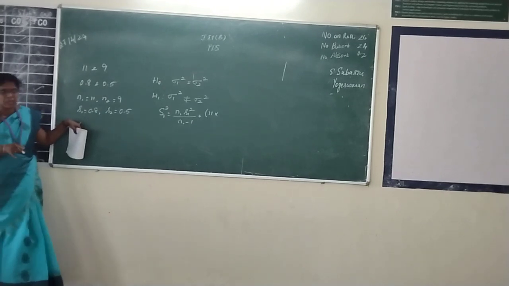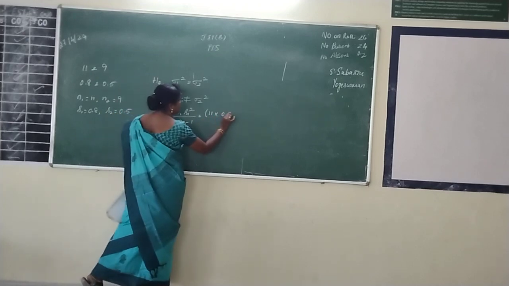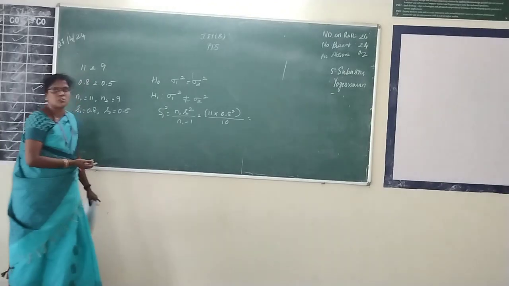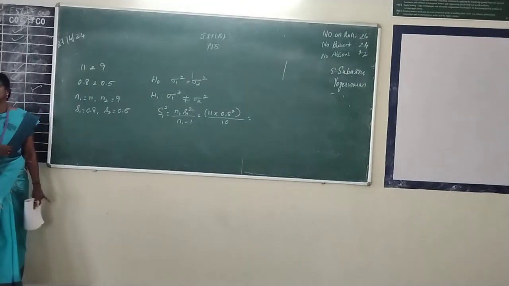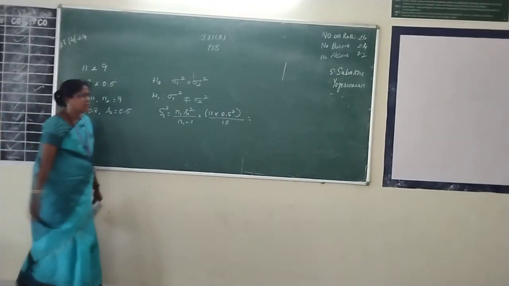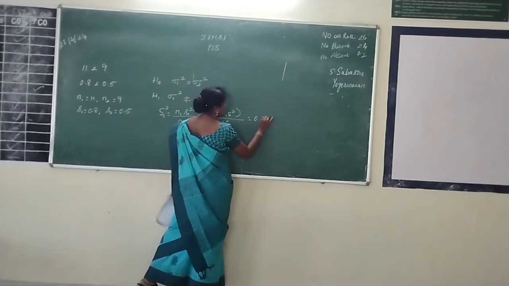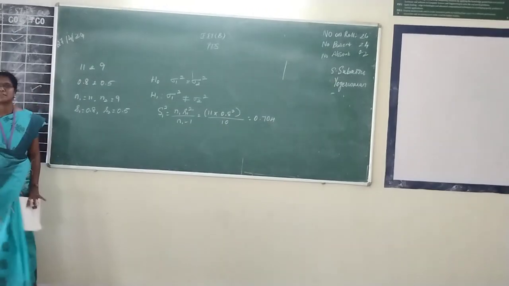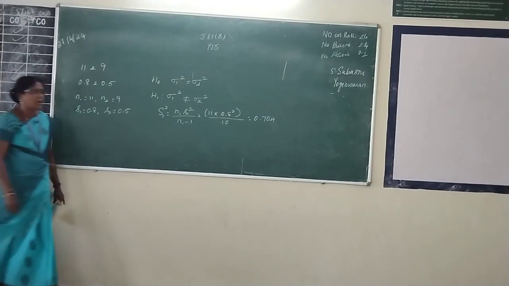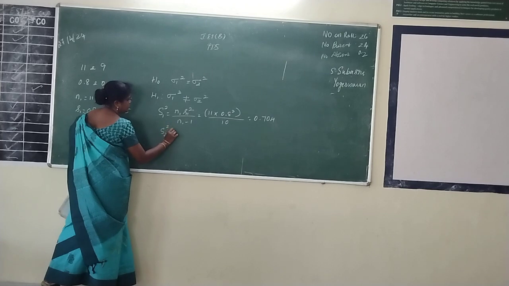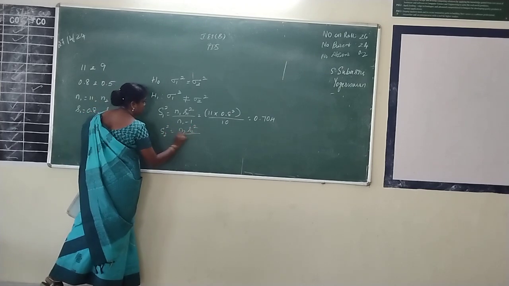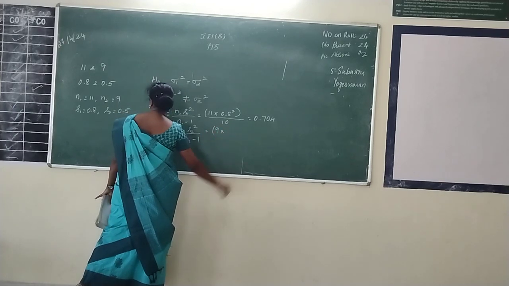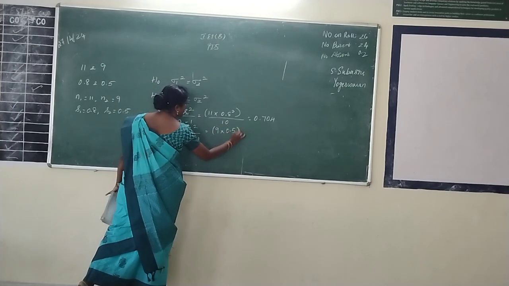Be careful which one is given. So 11 into 0.8 square divided by 10. Don't make any mistake here also. Give a unique answer: 0.704. Everyone getting the same answer? What is capital S2 square now? Same answer. Proceed with S2 square.